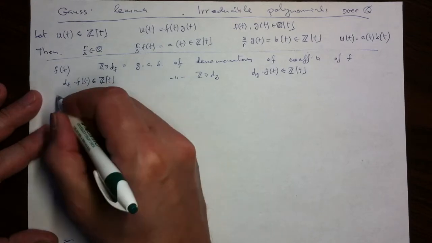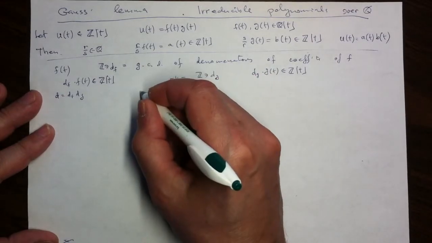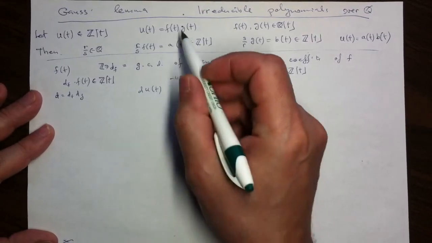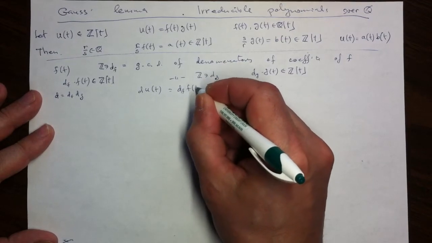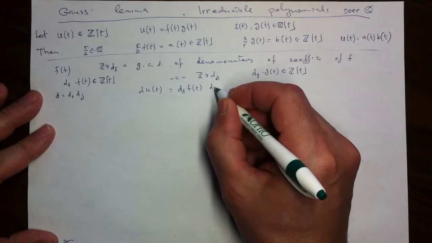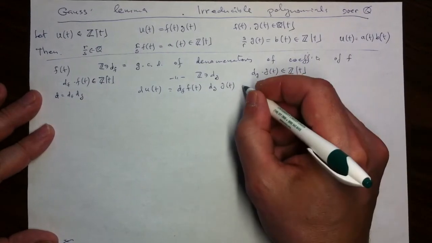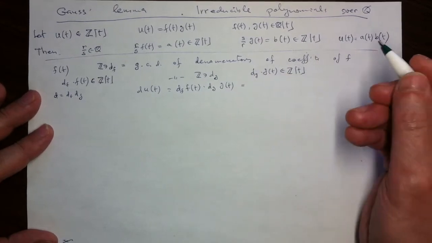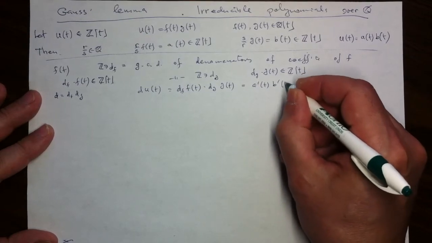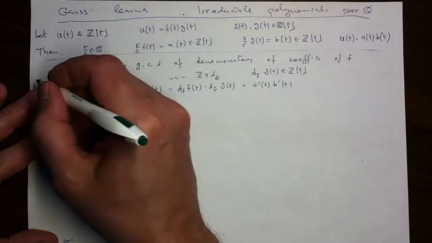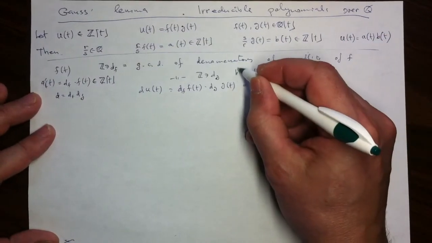So let's take the product of these two numbers, call it d, and then multiplying our u with this, it's as good as multiplying f with its GCD and g with its GCD of all of the denominators. And those are integer polynomials. Let's call them a prime and b prime. So this is a prime of t, and this is b prime of t.